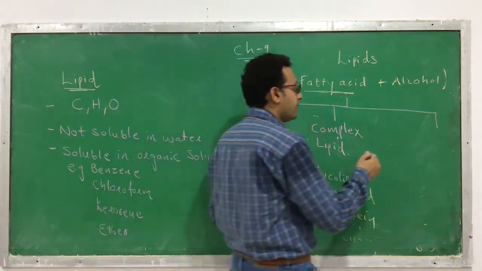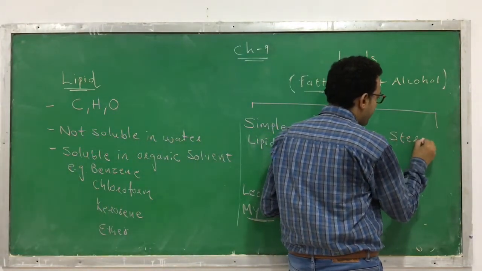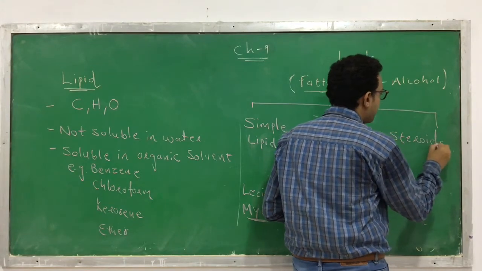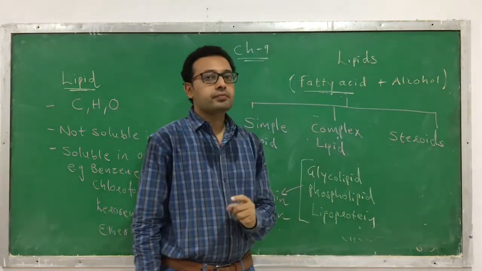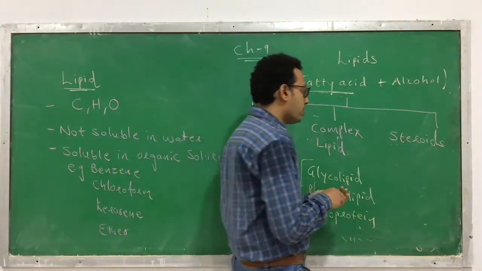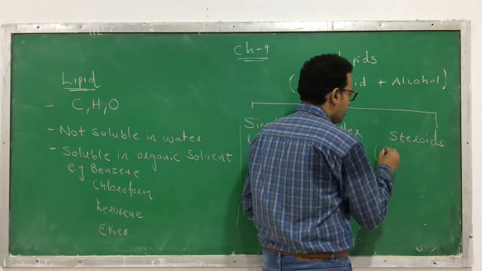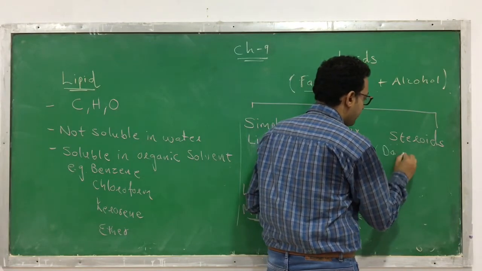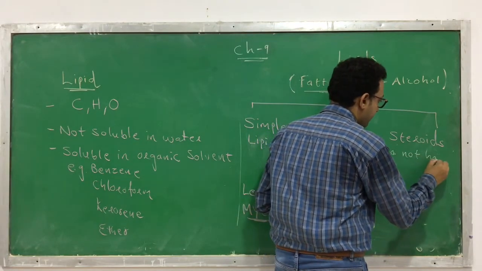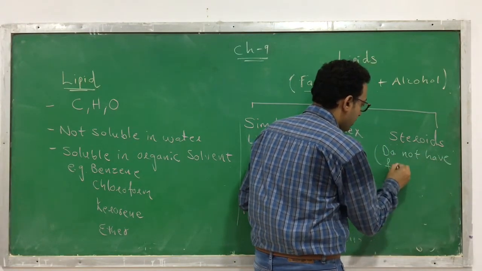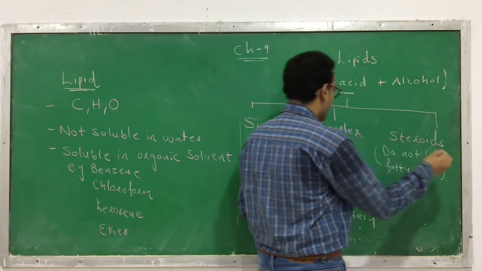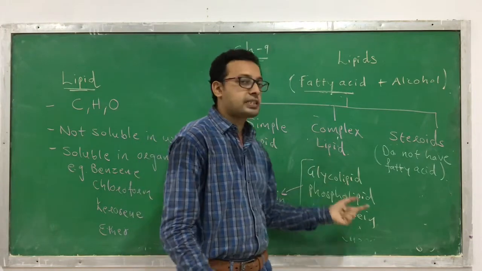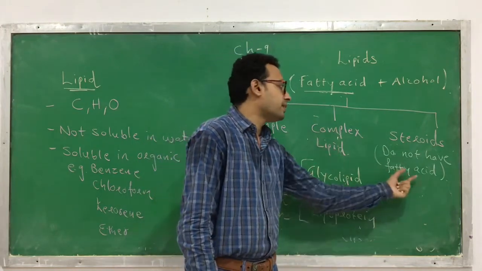The third type of lipid is steroids. Steroids are also lipids, but remember, they do not contain fatty acids. Simple lipid and complex lipid contain fatty acid, but steroids do not.